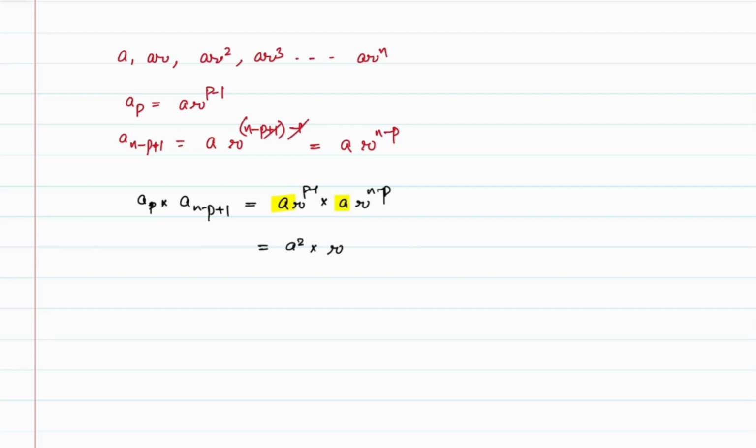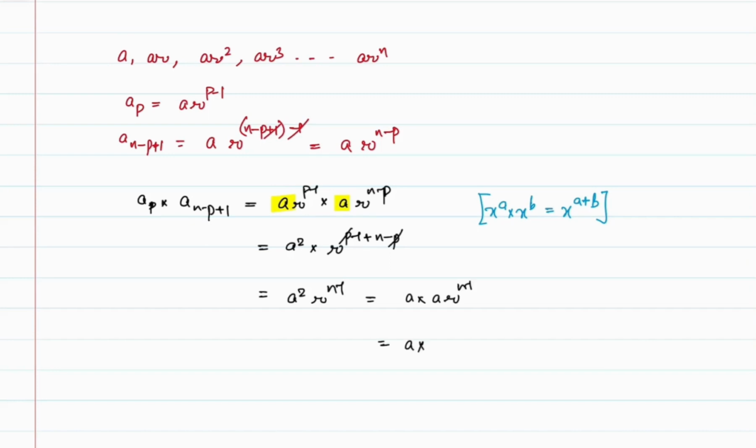Using the property of exponents, we can tell that x power A into x power B is equal to x power A plus B. So this will become A square into R power P minus 1 plus N minus P. Now plus P and minus P can cancel out, and we'll be left with A square into R power N minus 1.